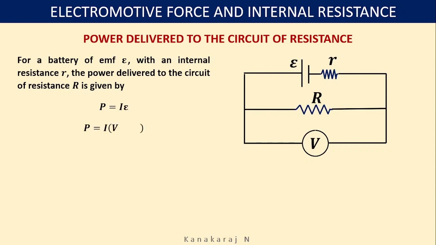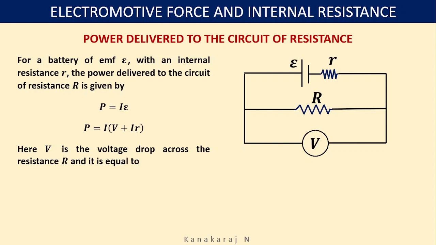Let us replace this epsilon by V plus Ir. We write this V, the voltage drop across the resistance R, as IR. We get P equals I times (IR plus Ir), that is, I capital R plus I small r. P equals I squared R plus I squared r.